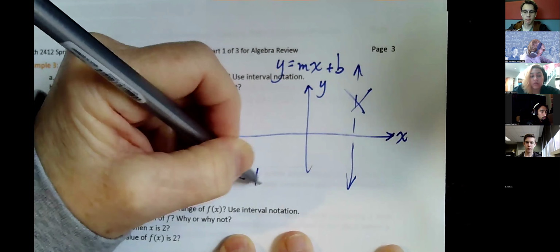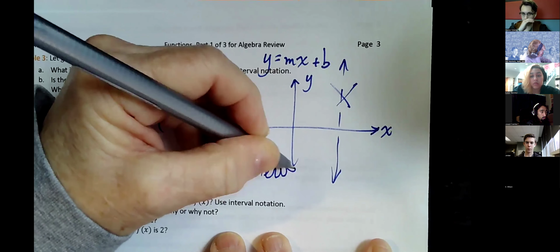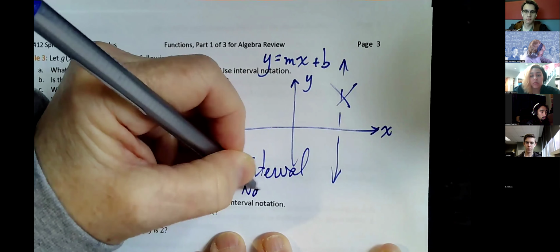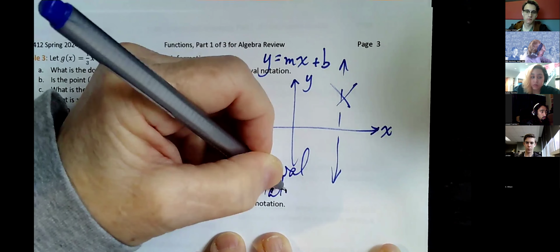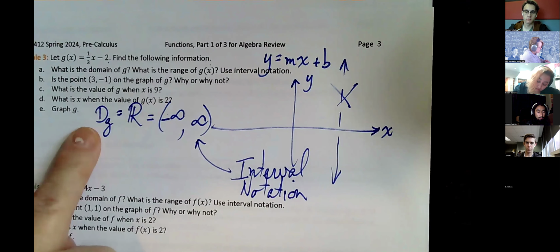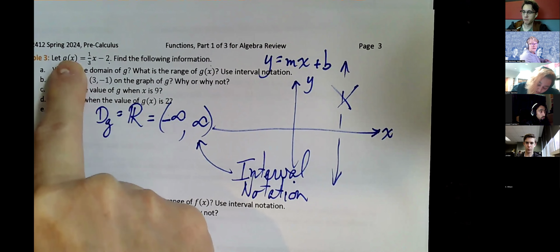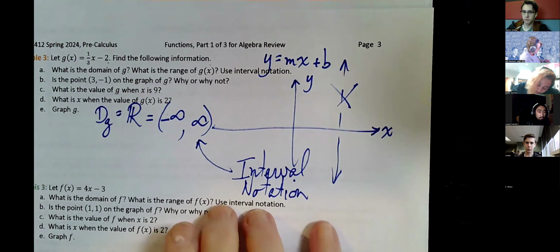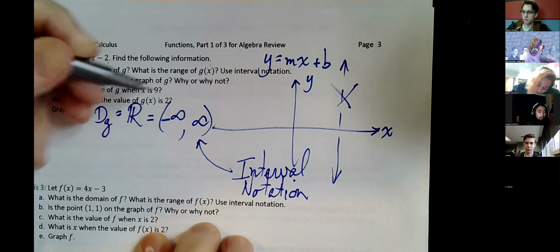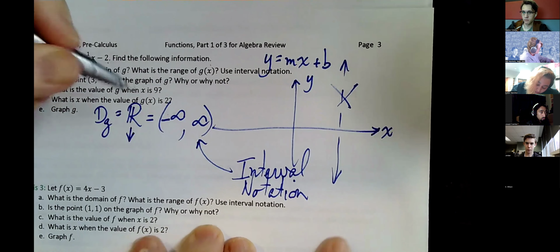This is interval notation. And I write D for domain, sub g, where g is the name of the function. And again, the R with the double bar is the grown-up symbol for the real numbers.